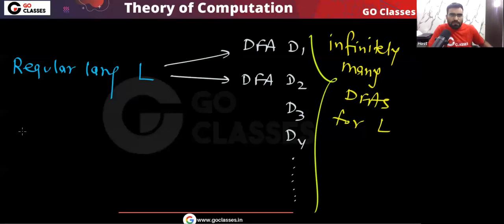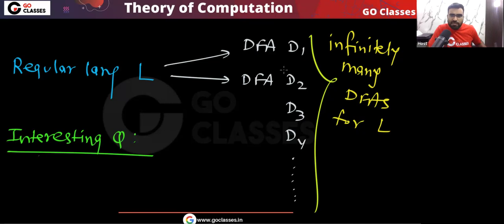That is the interesting question. Because we have infinitely many DFAs, you can keep creating DFAs, but the interesting question is which DFA for L has the minimum number of states?